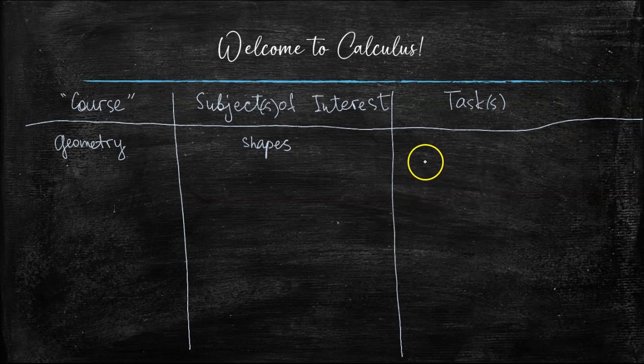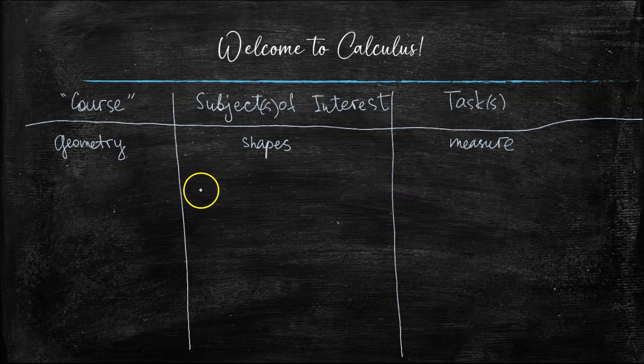The action verb that comes to mind when we talk about geometry and shapes is to measure. Measure can be a noun or a verb, and here I use it as a verb. We measure volumes, we measure areas, we measure perimeters, we measure angles, all that stuff. So measure is the main skill.